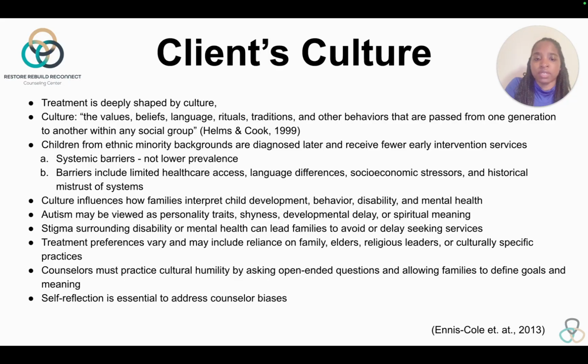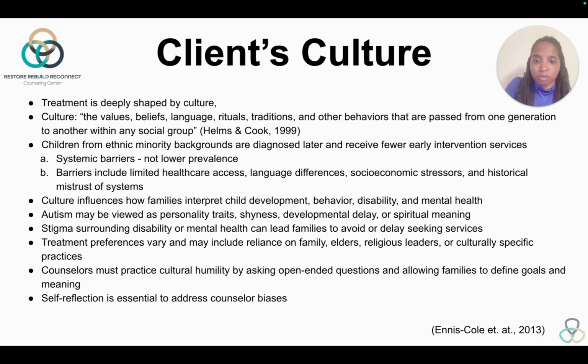So some families might prefer to rely on extended families, elders, religious leaders, and then other families might prioritize medical or behavioral interventions. And then different cultures also have different beliefs for what causes autism. So, for example, some people believe that it's genetic, some people believe that it's caused by environmental factors, and some people believe that it's caused by vaccines.